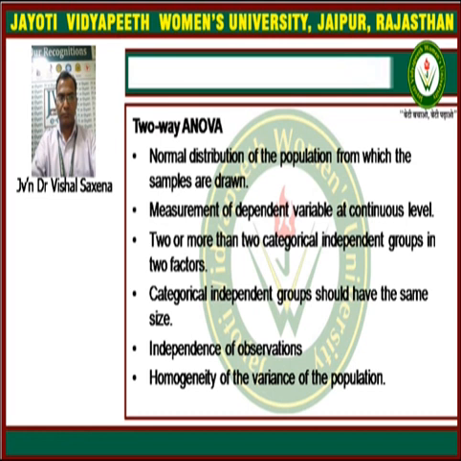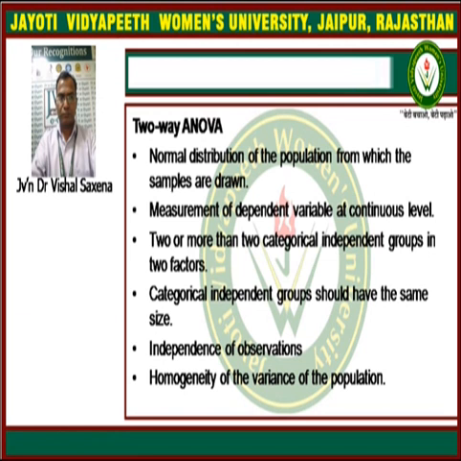And now we take the assumptions for the two-way ANOVA test. The first point is normal distribution of the population from which the samples are drawn. So normal distribution should be taken. Next is measurement of the dependent variable at a continuous level. And the third point is two or more categorical independent groups in the two factors.